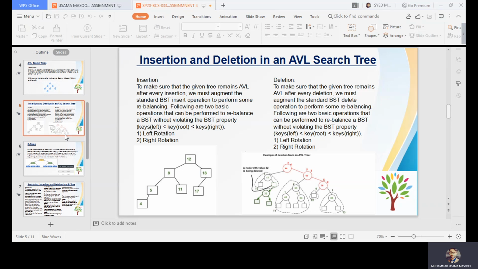There are two types of rotations we can implement in insertion: the left rotation and the right rotation. This was all about how we can insert into an AVL search tree.